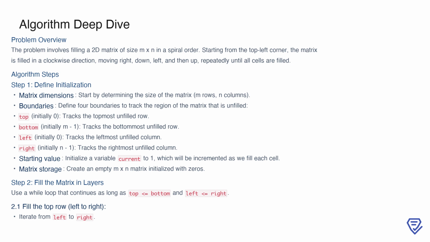Similarly, left starts at 0 for the first column, and right is initialized to n-1 for the last column. We also initialize a variable called current to 1, which will be incremented as we fill each cell in the matrix. Finally, we prepare an empty m×n matrix filled with zeros to store our results. With these preparations, we can now start filling the matrix layer by layer.